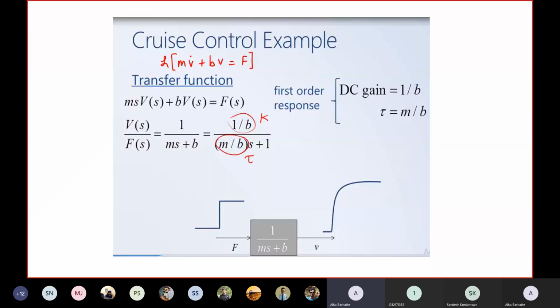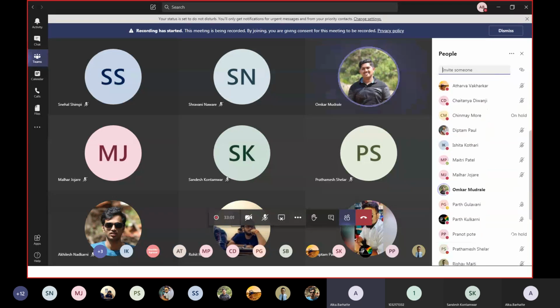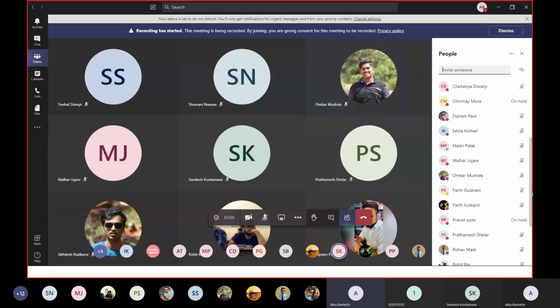Is there any doubt? Is everybody listening, or are you busy with some other work? No, ma'am. Only Akshay responds, sometimes Akhilesh. What about the others? Listening, ma'am. Yesterday I called Mallar, who did not answer 2-3 times.